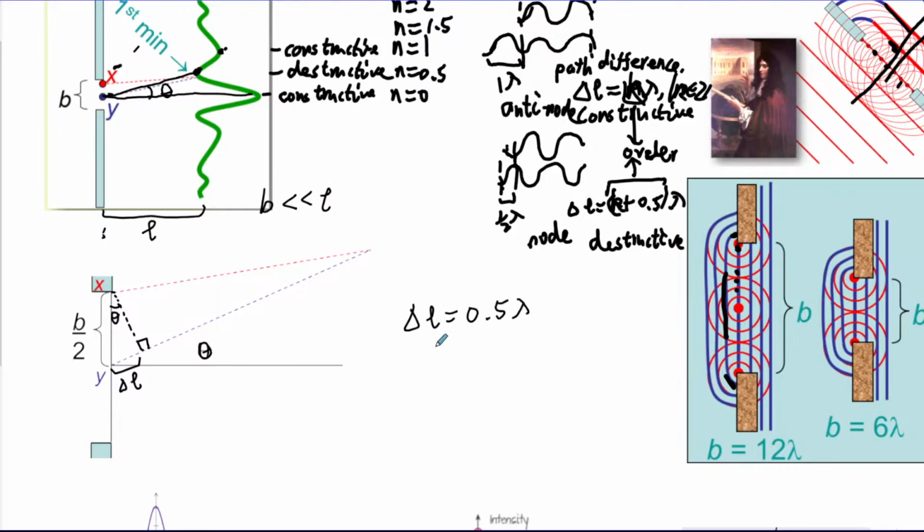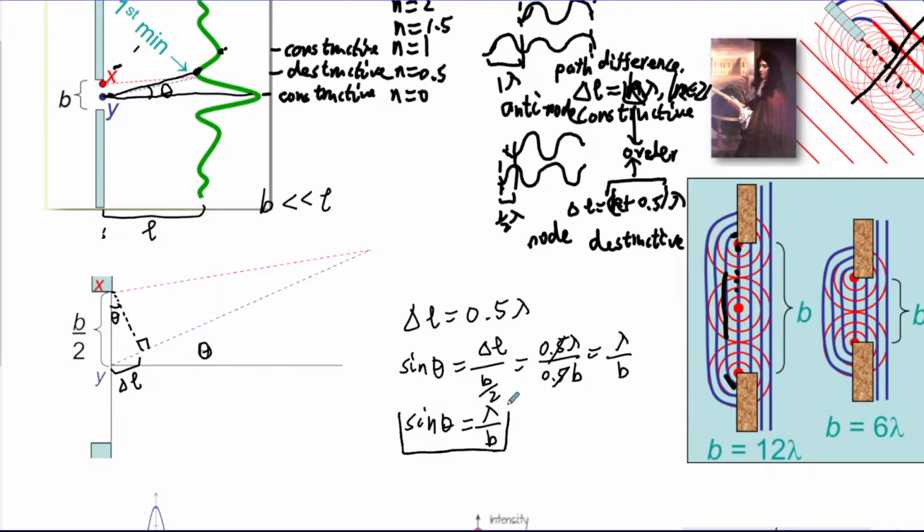The sine of the angle is equal to opposite over adjacent, which is 0.5 lambda divided by 0.5b, which gives you lambda over b. So we got the formula: sine theta is equal to lambda over b.